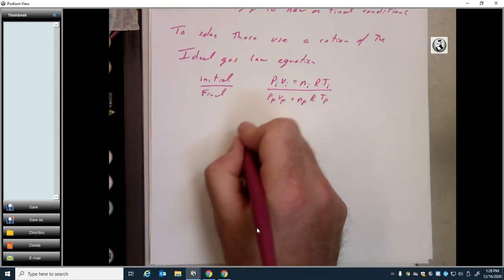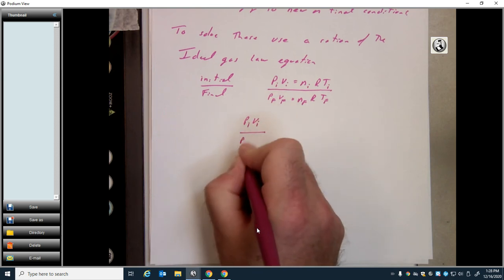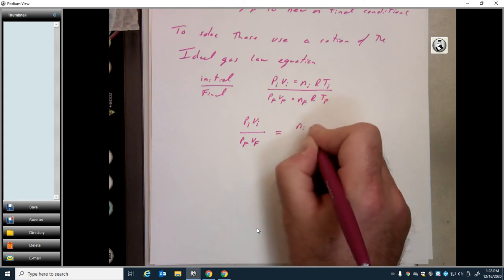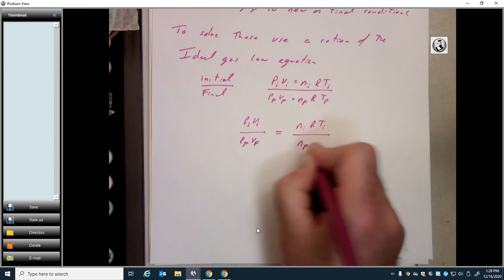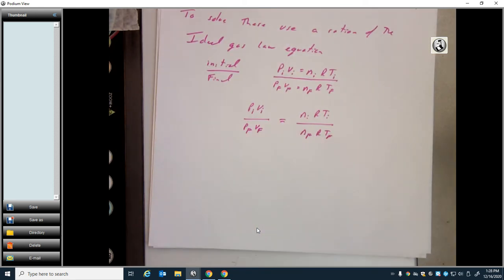In other words, we'll have P initial V initial all over P final V final equals n initial R T initial all over n final R T final. We can use this relationship.